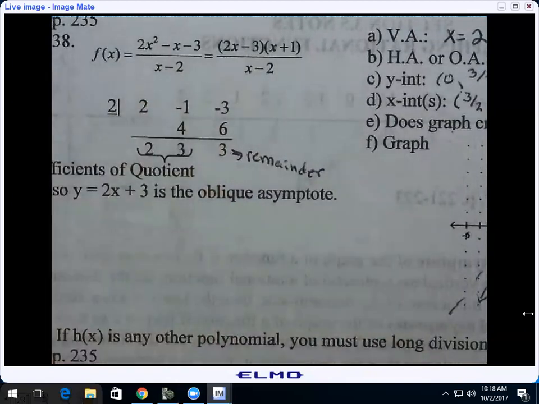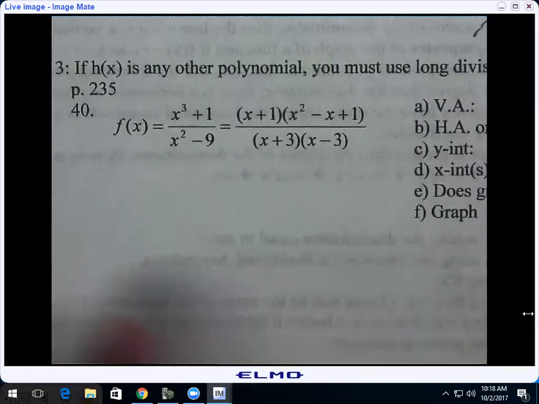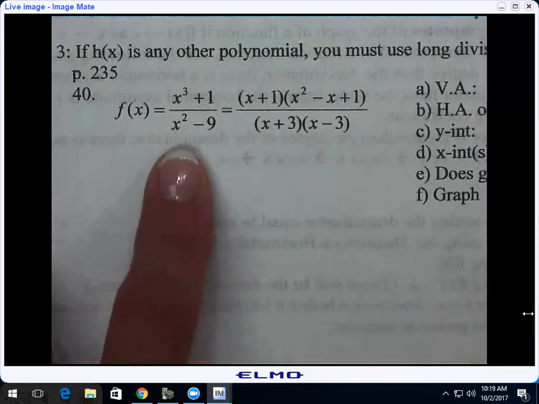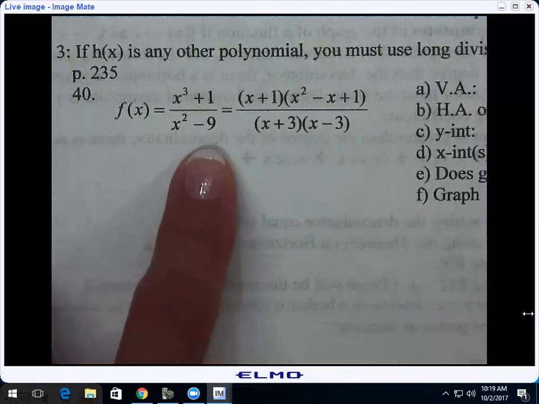But what about number 40? Can I use synthetic division if I'm dividing by x squared minus 9? Synthetic division only works when you're dividing by plain old x to the first, plus or minus a constant.